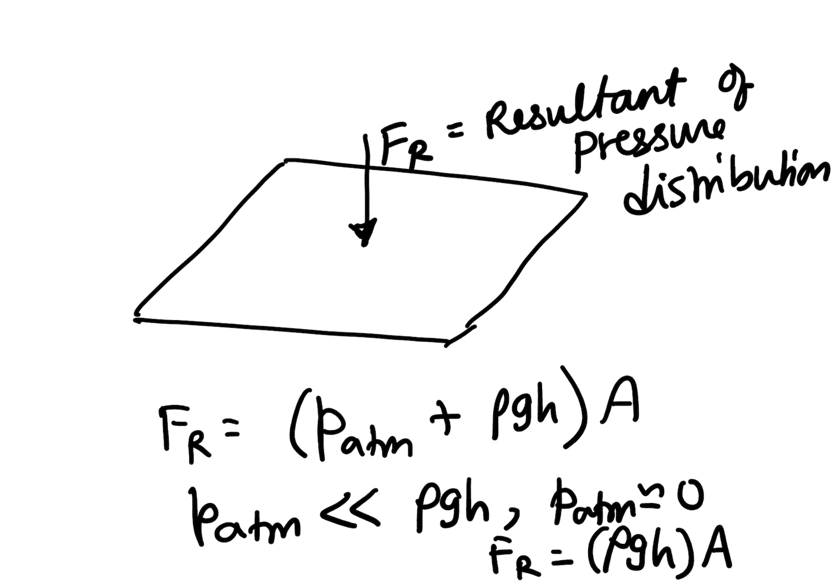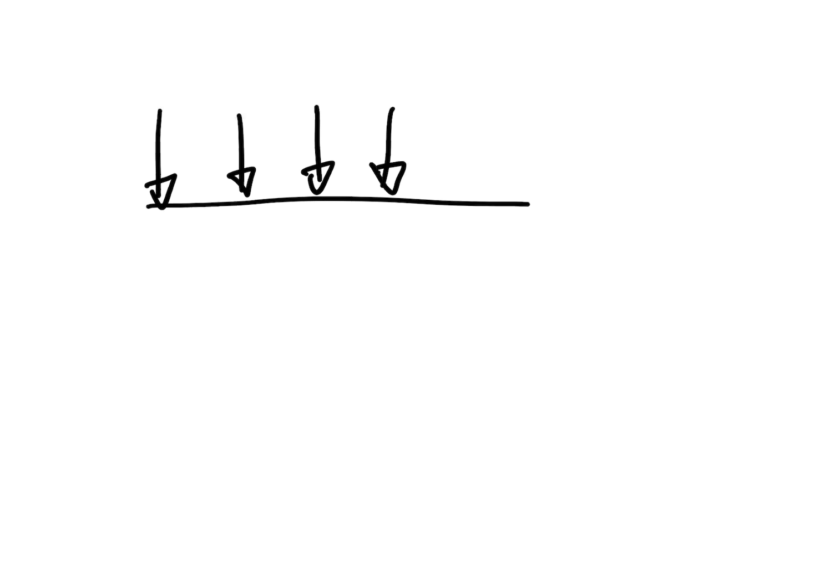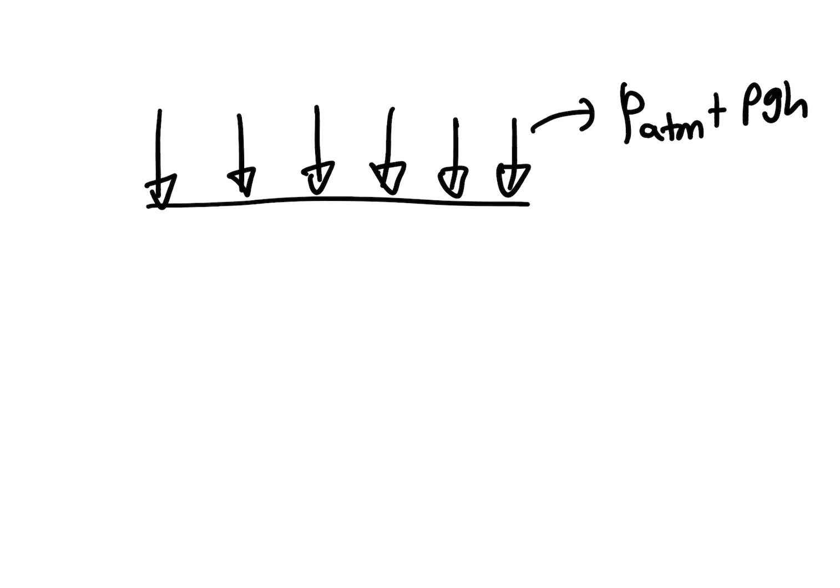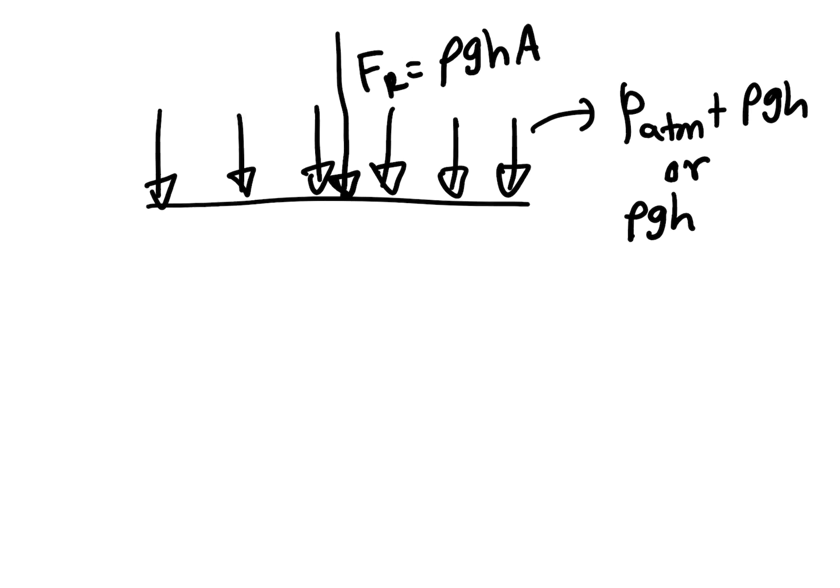Okay, now this is for the bottom face. If I draw only the side view, this is the load distribution, which is like a uniform distributed load of magnitude P atmosphere plus rho gh, or simply rho gh, and the resultant force acts at the center, F_R equals rho gh times A. Nice and easy. This is the bottom face where we have the pressure acting.